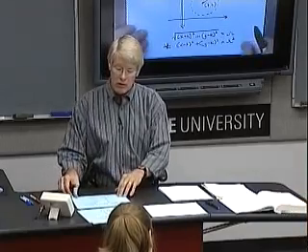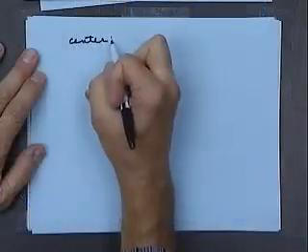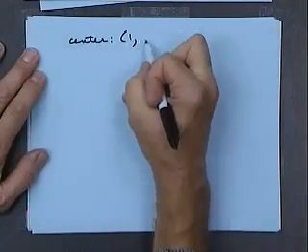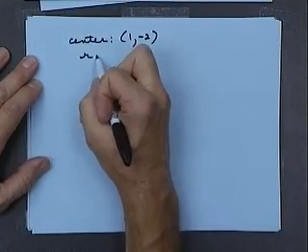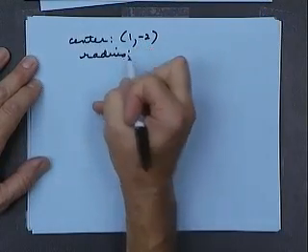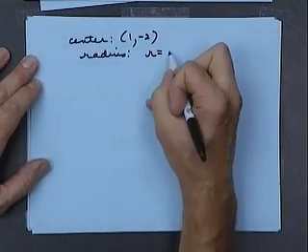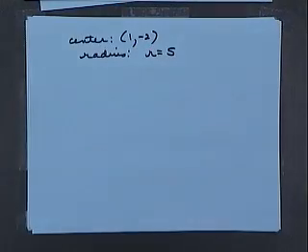So let's say that we know that the center, which was HK, is the point 1, negative 2, and the radius, let's say, is 5. Can we come up with the equation of that circle? Yeah, I would hope so.